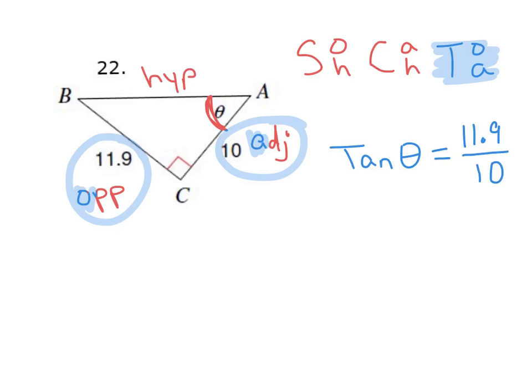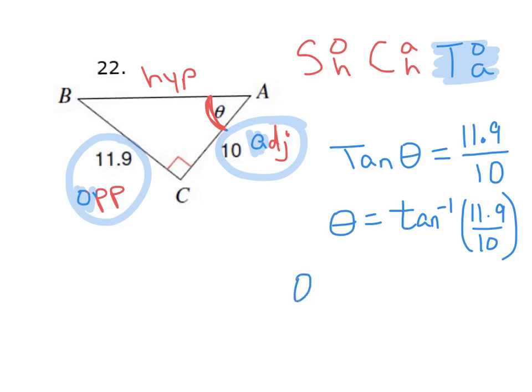So theta is going to be equal to my inverse of tangent. So in your calculator, you're going to use the one with the -1 exponent. And then we have 11.9 over 10. And that's, type that in, you get your answer.